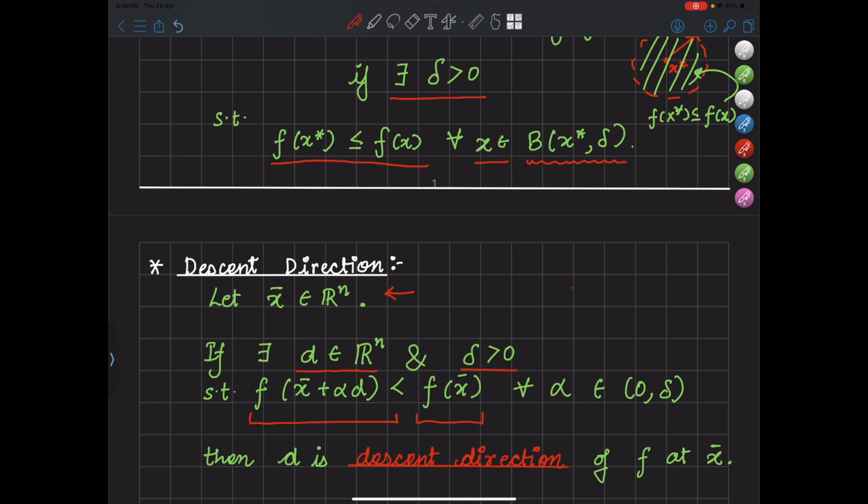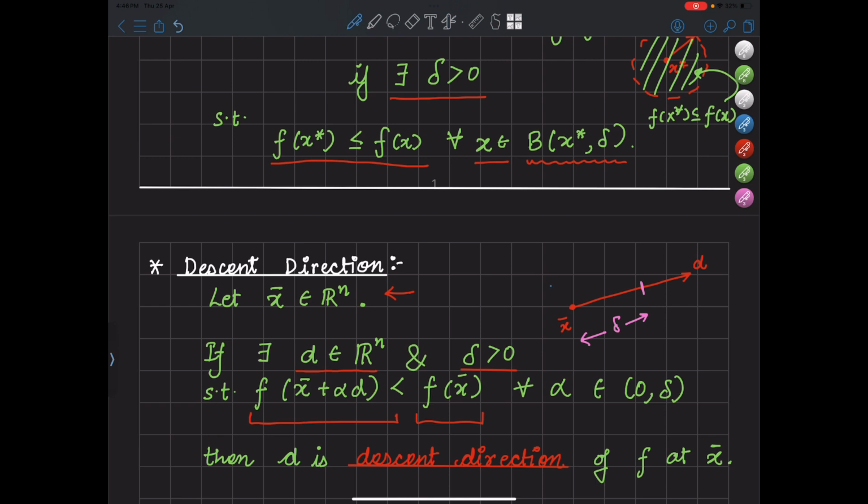let's look at it in terms of a diagram. Let's say this is x bar and d is some direction. Now let delta be some positive scalar value.